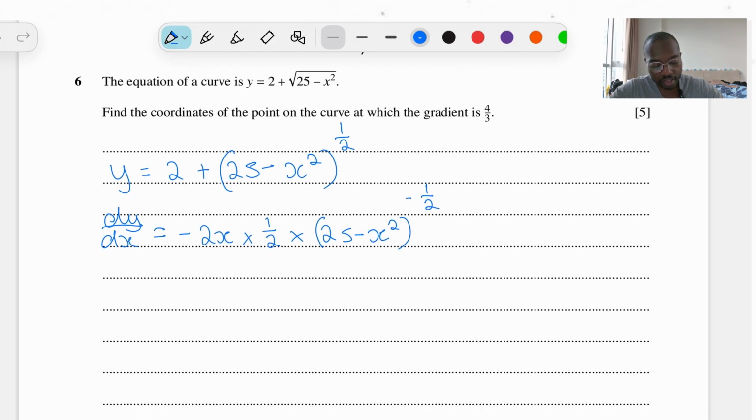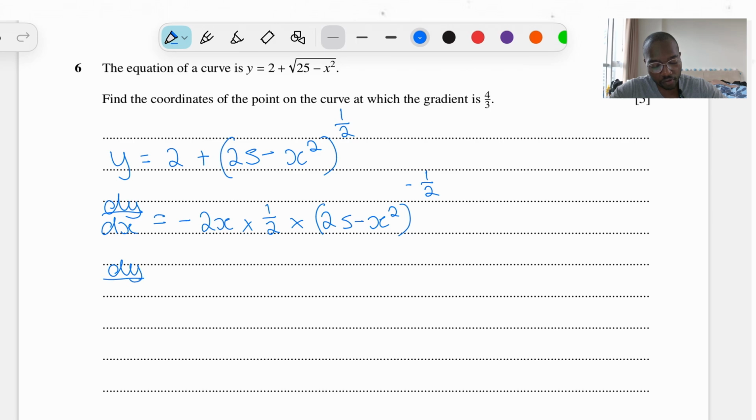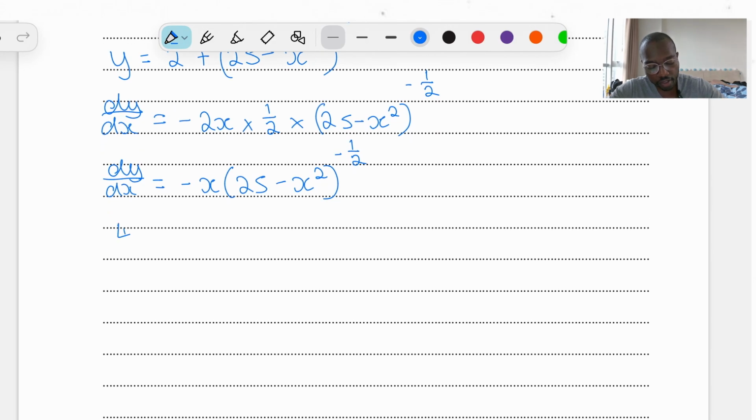Now if we clean this up, dy over dx equals minus x, and then in brackets 25 minus x squared to the power of minus a half. So now this would equal 4 over 3, because the gradient is 4 over 3. Therefore 4 over 3 equals minus x times 25 minus x squared to the minus a half.